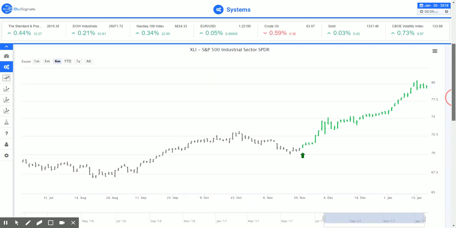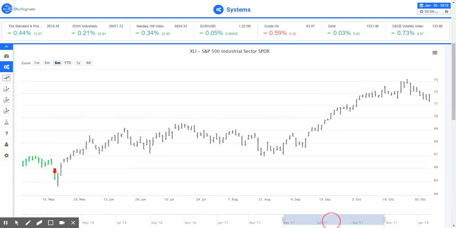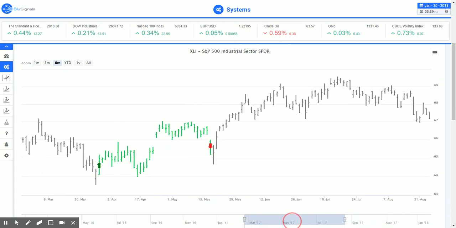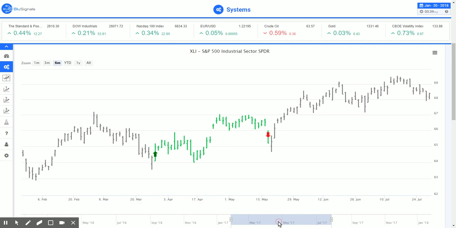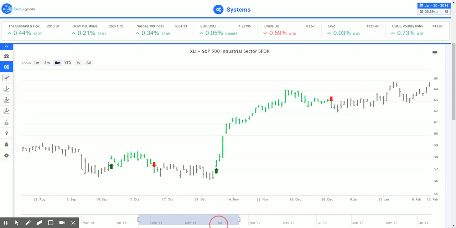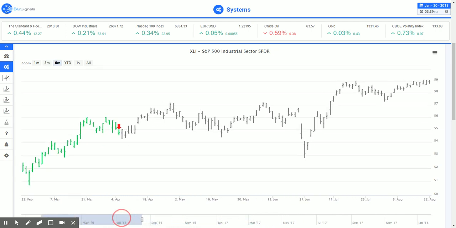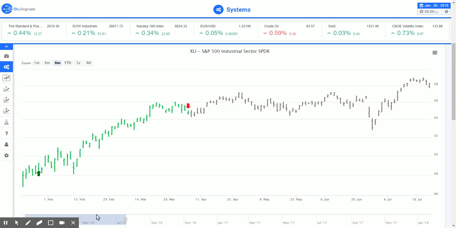We can see this when we go back through the history of this symbol. And just like any other symbol you bring up, there's significant historical information regarding previous signals that occurred for this security.